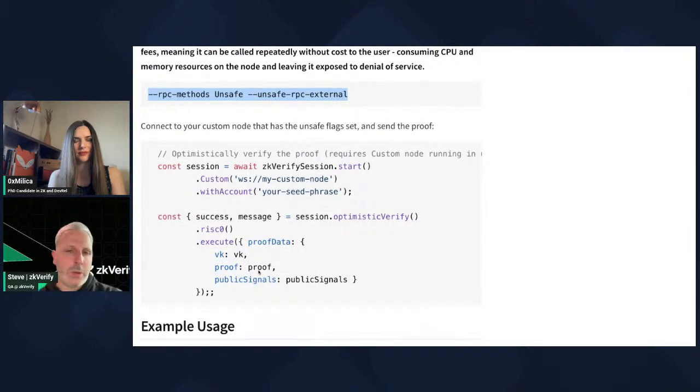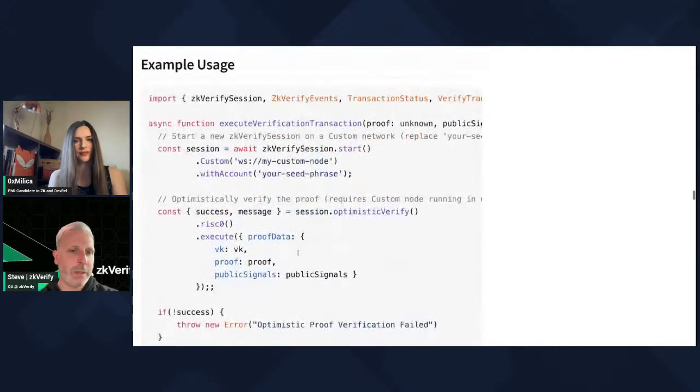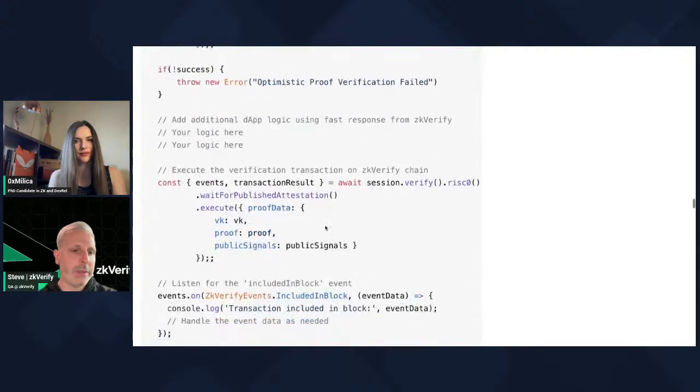So where you could use something like optimistic verify would be to quickly send it to your node, get a very quick response, continue on with your logic, safe in the knowledge that when you send it properly and have it sent to the network, that it will succeed and it will be mined and it will be finalized. So this is just something that's provided to, obviously, speed up the feedback for yourselves and for the users. And we've got some example code there also.